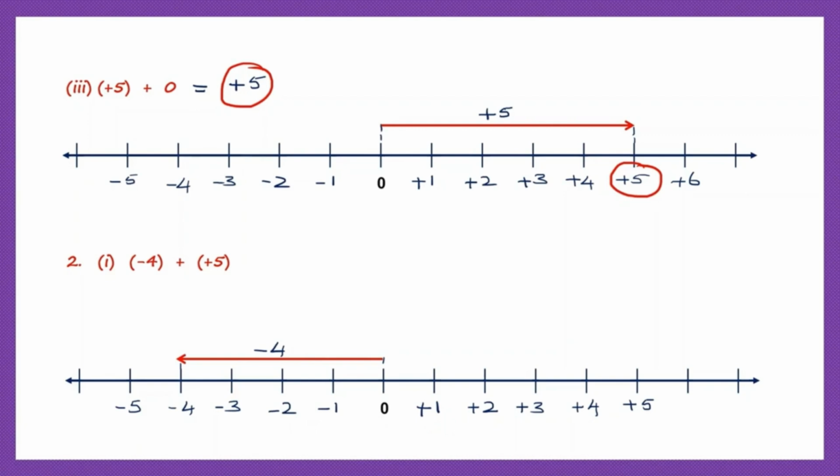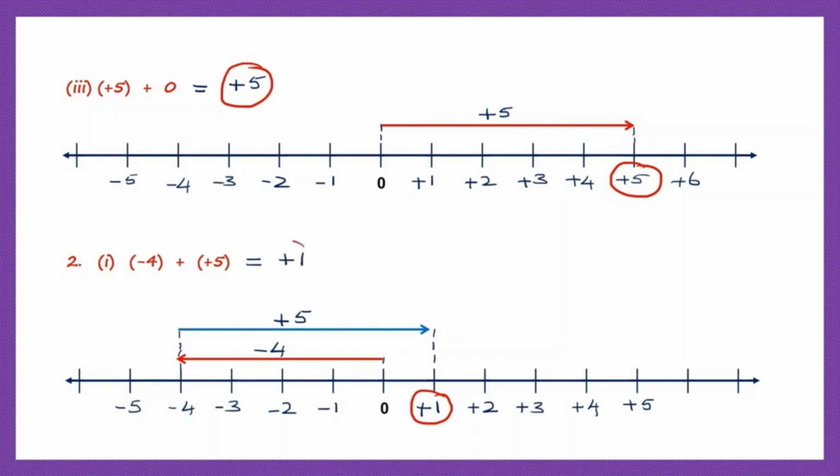That is, we are starting from minus 4. So let's do that. Minus 4 and 5 steps to the right. We'll come all the way here, that is up to plus 1. So we've got our answer here. This is plus 1 and we have moved 5 steps to the right. So we've got our answer plus 1. Let's write the answer here, plus 1.